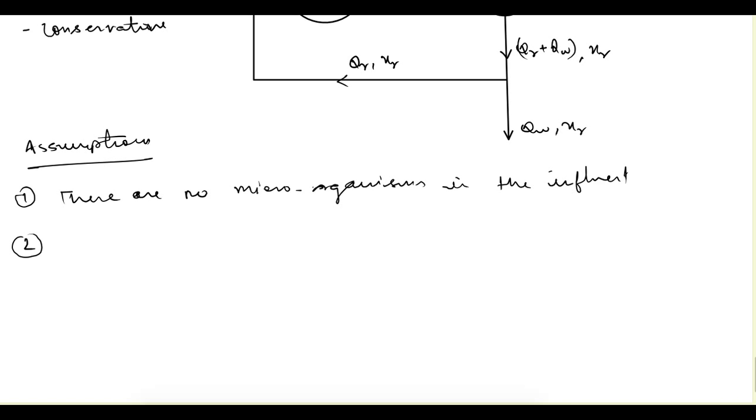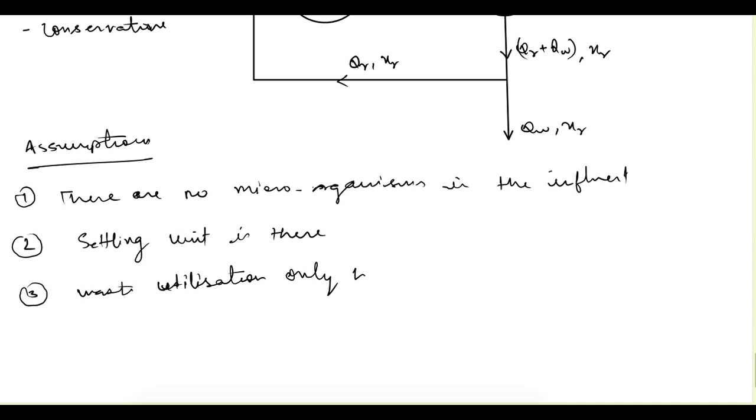Second one is that this system contains a settling unit. So the SST, that is secondary sedimentation tank, is always provided. Settling unit is there. So due to this settling unit, more assumptions are there. That is, we assume that waste utilization only happens in the reactor unit.